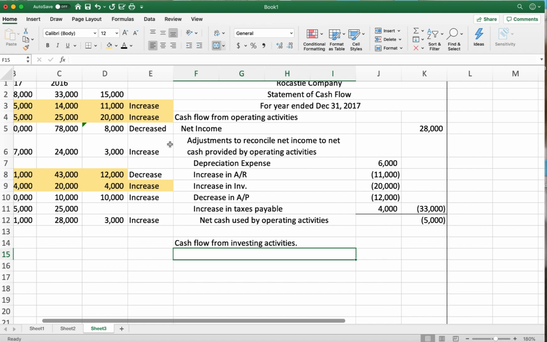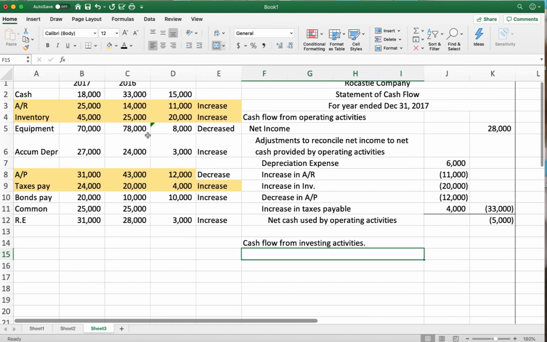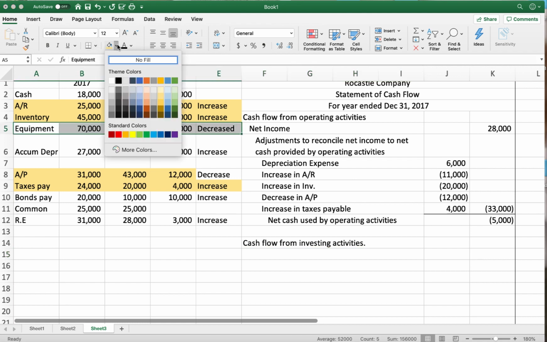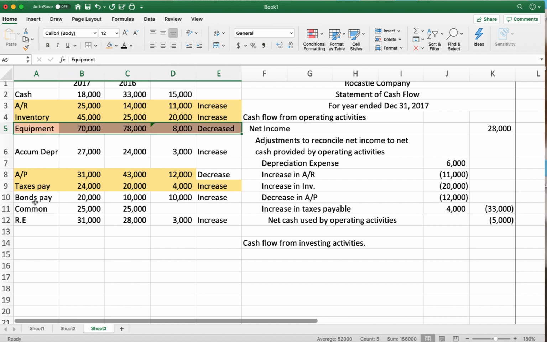Okay. So now I need to figure out, okay, well, how much plant assets did I buy, right? How much plant assets did I buy? How much did I sell, right? Well, that doesn't help me out. Make it a reddish color.